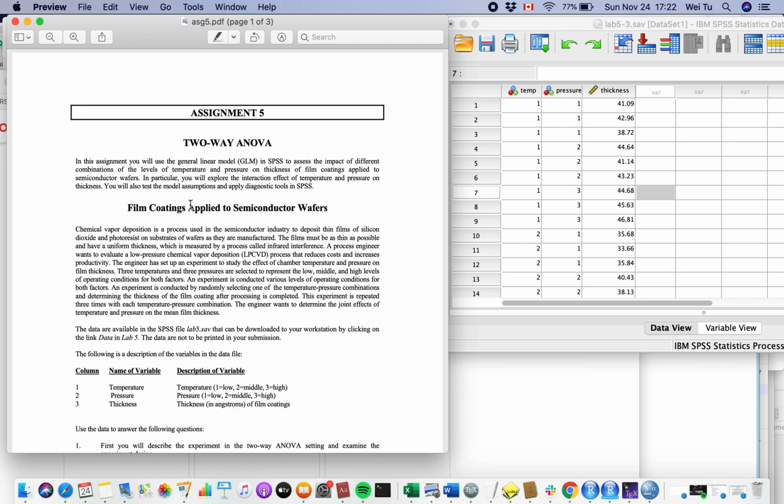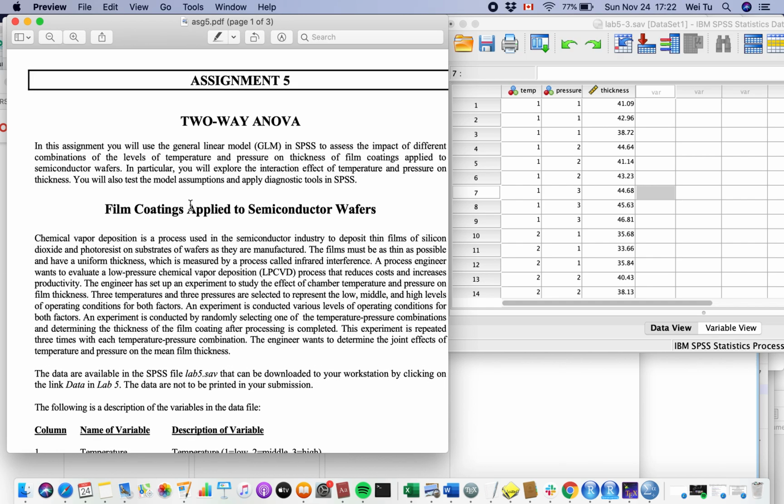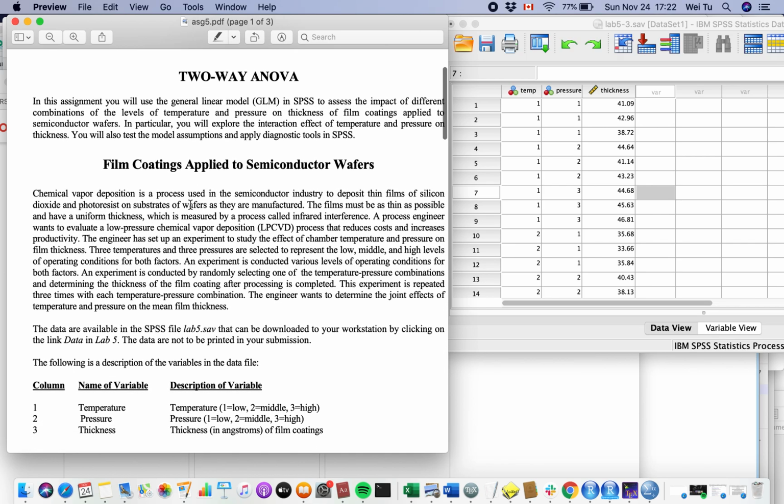Let's take a look at the data set we have. This one is called film coatings applied to semiconductor wafers. What is it about? It's a procedure called chemical vapor deposition. I have no idea what it is.